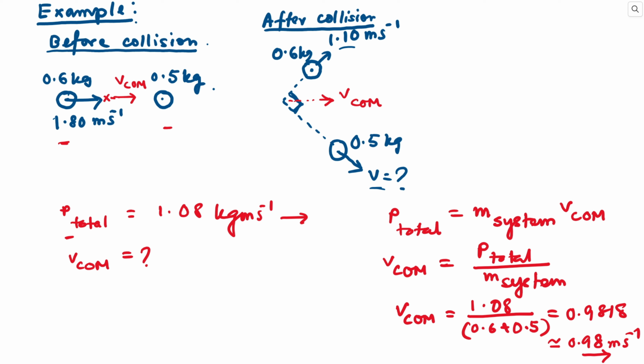So before the collision, this is the velocity of the center of mass, and after the collision, even though the objects are moving in different directions, the center of mass will keep moving to the right at 0.98 meters per second.